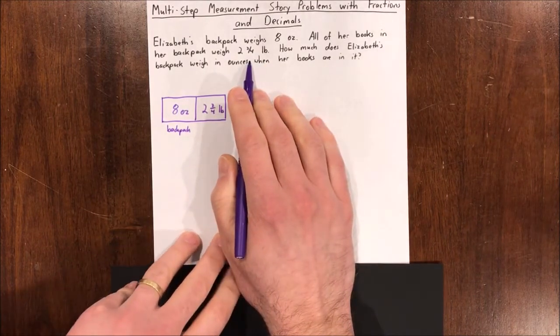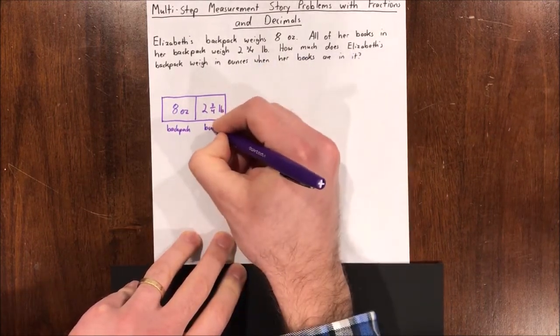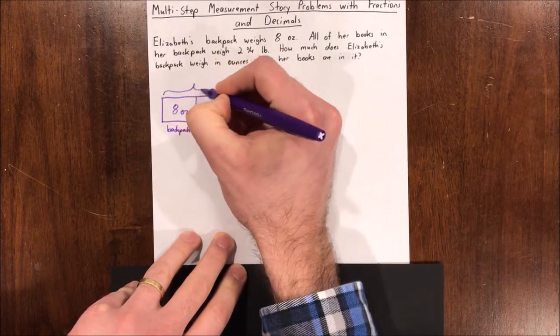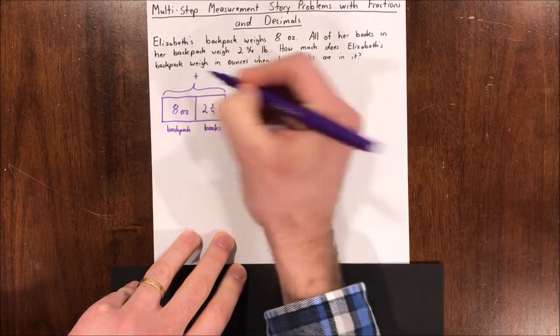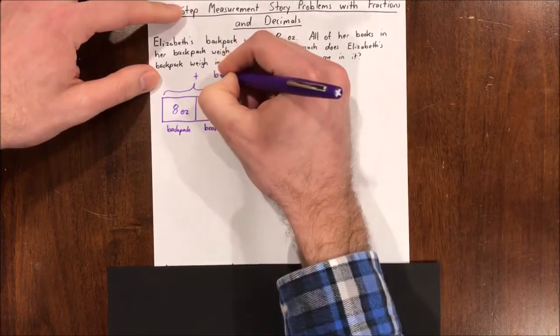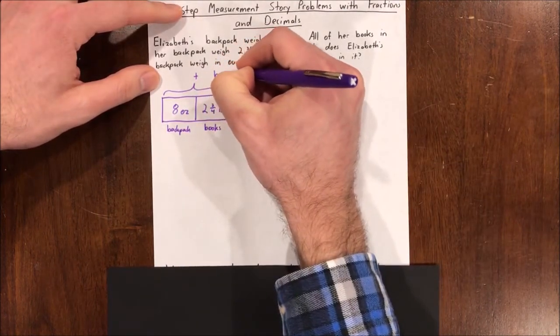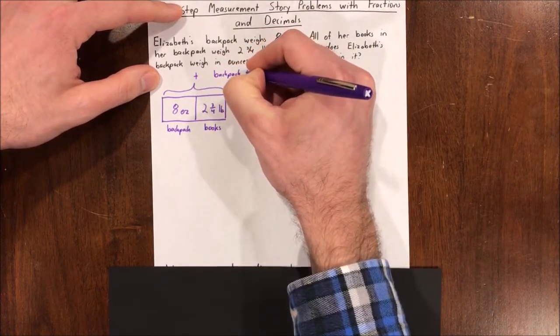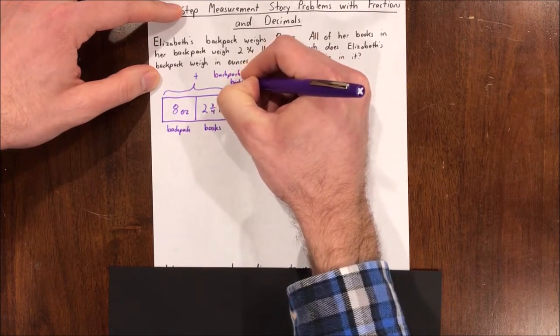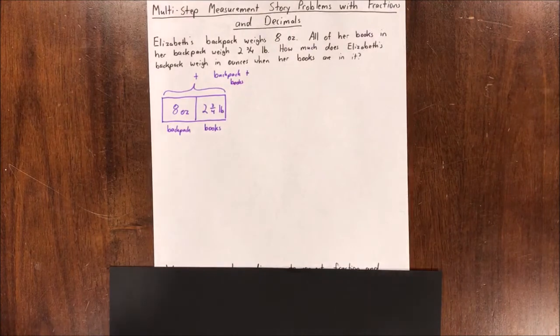Because we know that all the books, that's how much the books weigh. And then the total would be a variable. I like T for total. That's the unknown. And that would be the weight of the backpack and books together. Okay, cool.